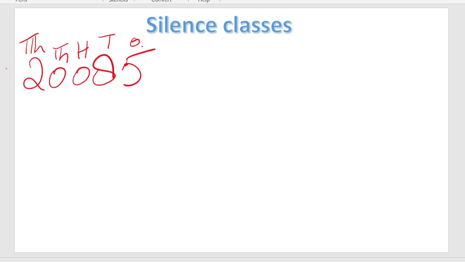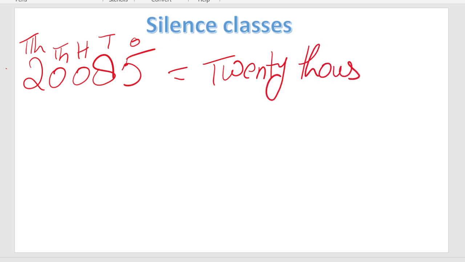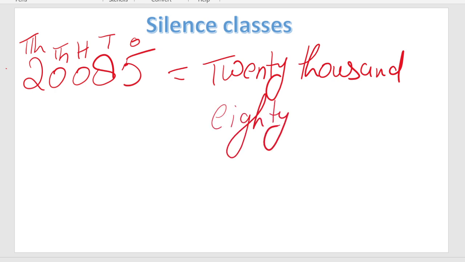Starting from the ones, then tens, hundreds, thousands, 10,000, then lakh, 10 lakh, it is in the Indian form. If it is not written whether to make it in international form or in Indian form, you have to do it in Indian form. Then this is 20,085.